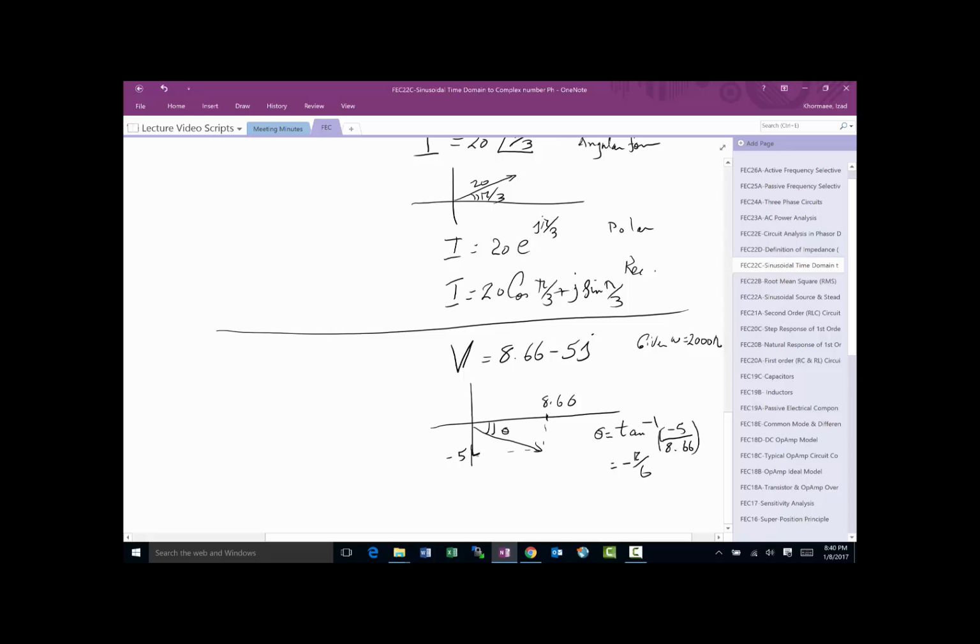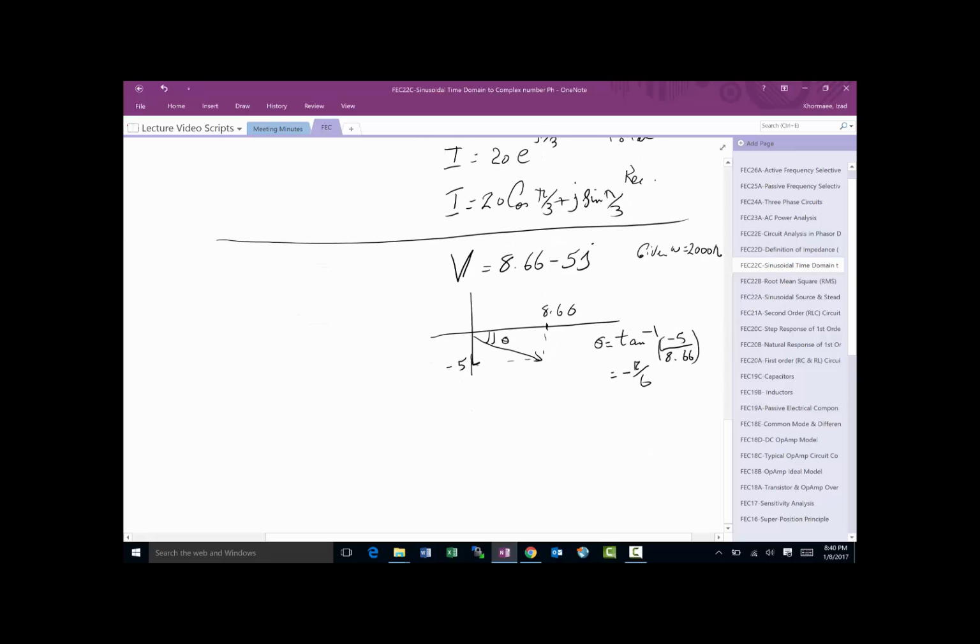Using this information, I can easily write the angular form. One other thing: I also need to know how long this is, and simply that would be one side squared plus the other side squared. This is called the magnitude of v. The magnitude of v is going to be the square root of 5 squared plus 8.66 squared, and that happened to be 10.